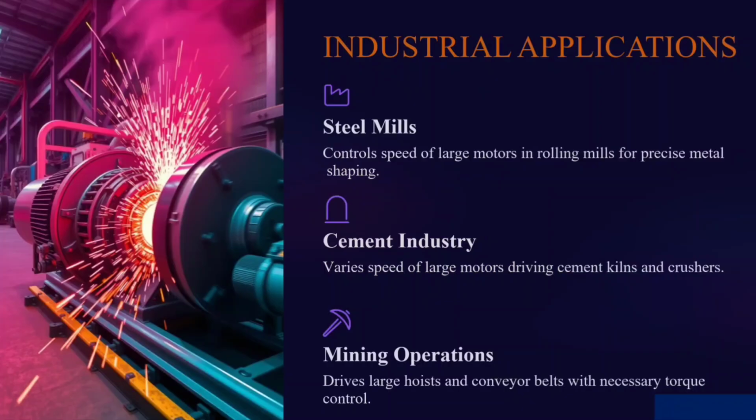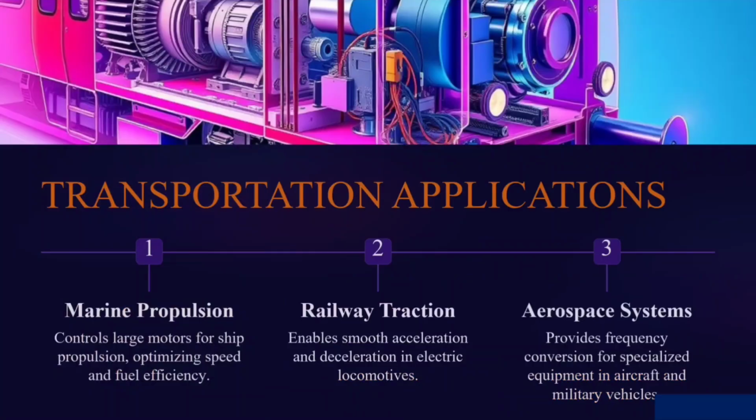Then the cement industry: variable speed of large motors is required for crushers. Then mining operations: these drive large winders and conveyor belts with necessary torque control. These are the industrial applications of cycloconverters.